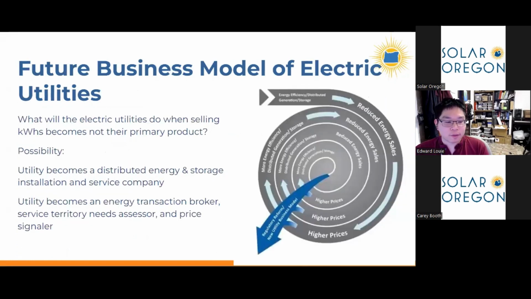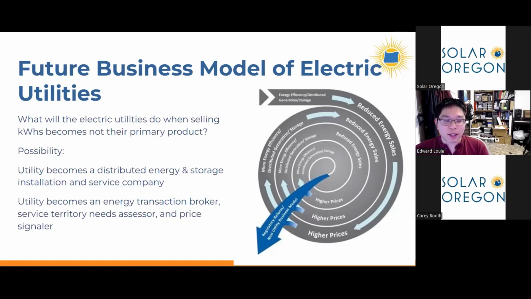Next slide. And so, okay, well, if we have a scenario where you're able to basically cover 80 or 90% of your energy usage from just your own battery and solar system, then what role does the electric utility play? Well, this is a very big concern to some electric utilities.